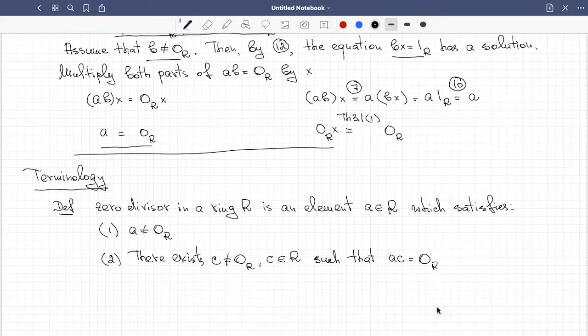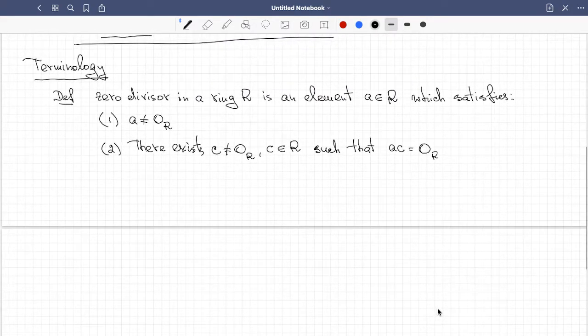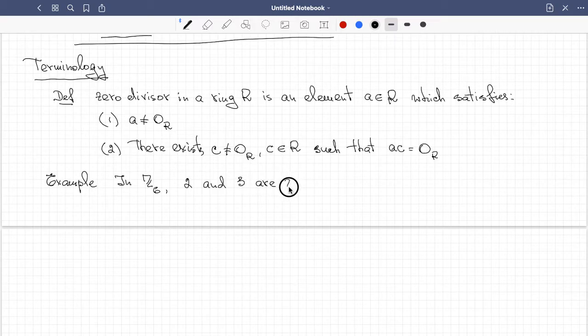Such an element, so that it is not 0, but multiplied by another non-zero element produces a 0, is called the zero divisor. As an example, in Z mod 6, 2 and 3 are zero divisors.